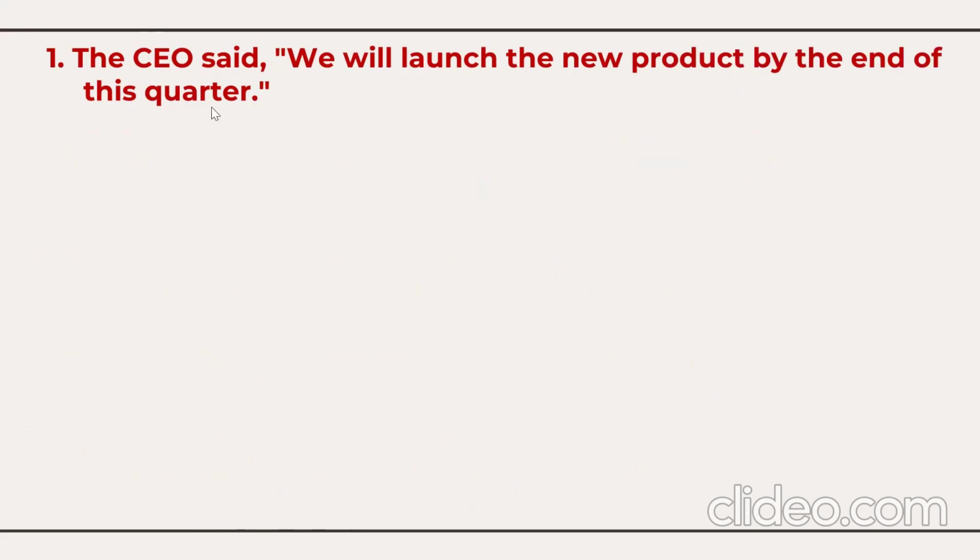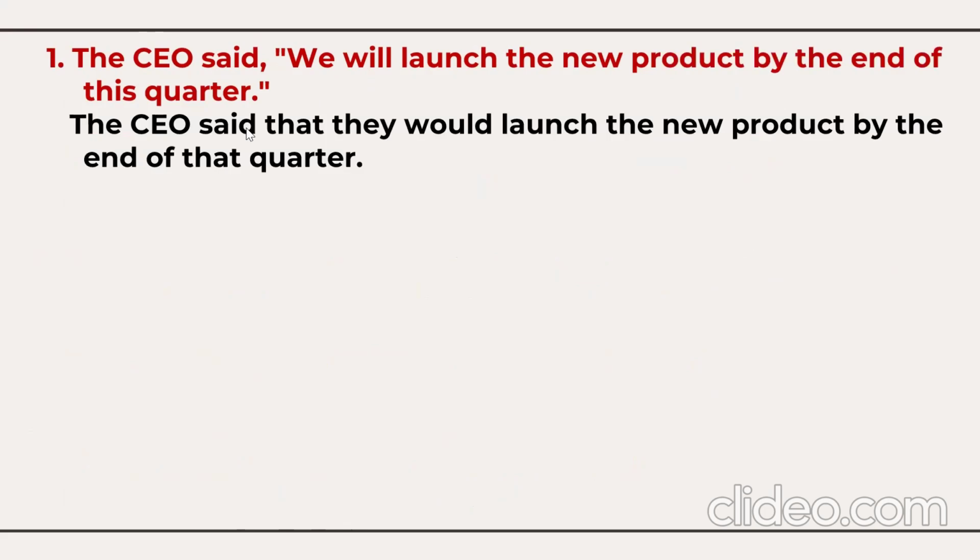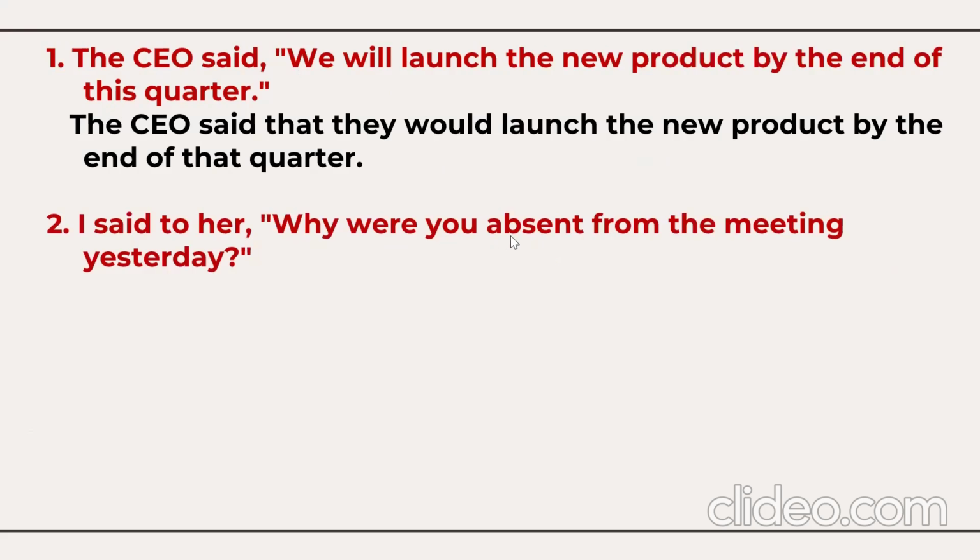Now, the CEO said, we will launch the new product by the end of this quarter. The CEO said that they would launch the new product by the end of that quarter. This will become that. We have become here. They will has changed to would. I said to her, why were you absent from the meeting yesterday?